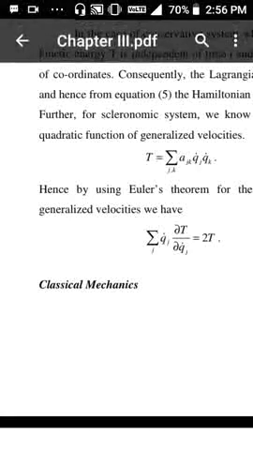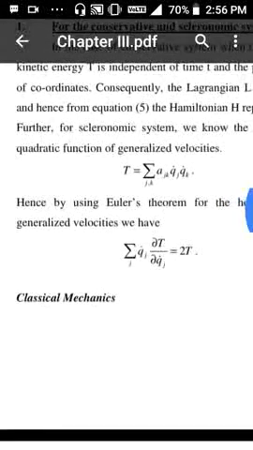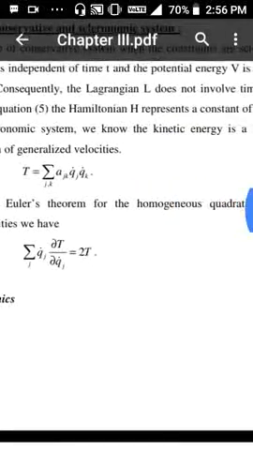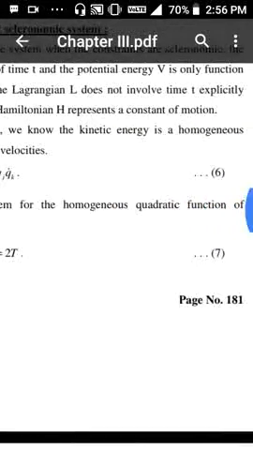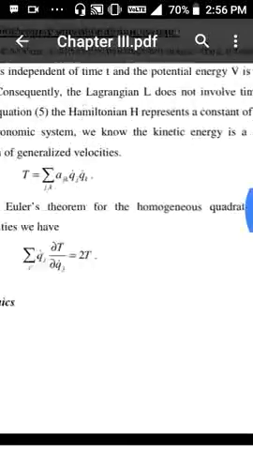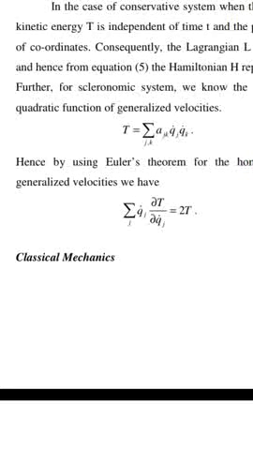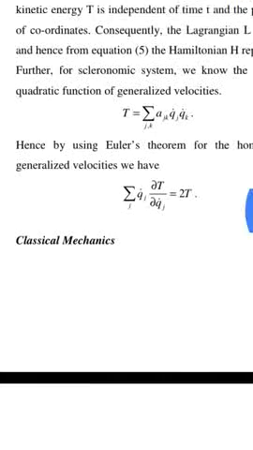Further, for a scleronomic system, we know the kinetic energy is a homogeneous quadratic function of generalized velocities, T is equal to summation of ajk qj dot qk dot.